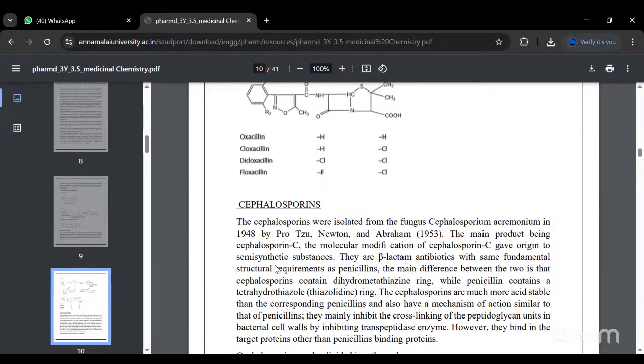The penicillin and cephalosporin, the molecular modification, the origin, they are beta-lactam.